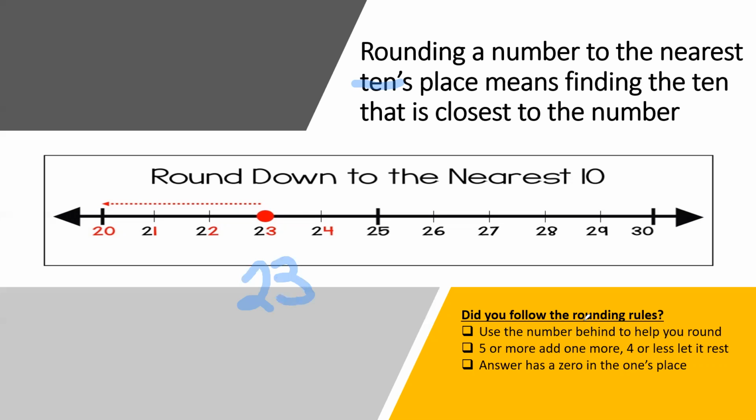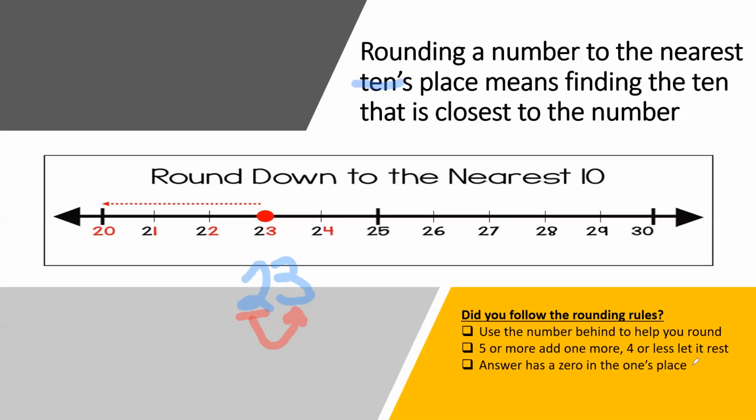And then I have the rounding rules here for us. Use the number behind to help you round. So they asked us to round to the tens place. The tens place is where the 2 is. So we have to look behind it to help us figure out which way to go. Now, the next rule says 5 or more, add 1 more. Is 3 bigger or smaller than 5? 3 is smaller than 5.